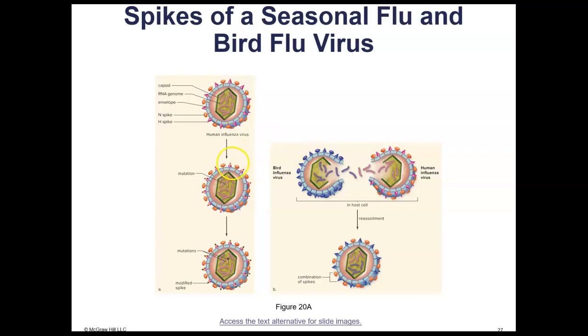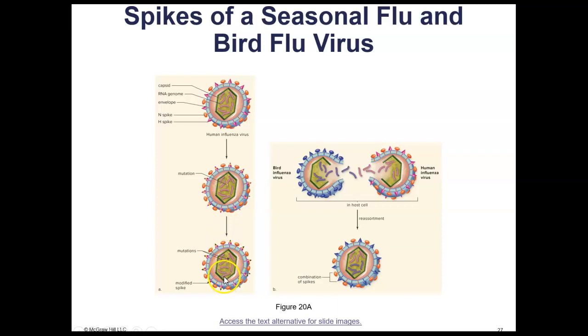So they're actually a new form of influenza virus. So we have a human influenza virus, which is an envelope virus. You can see the green capsid. You can see that the genome is RNA, but it is an envelope virus, and it is composed of N spikes, which are orange, and H spikes, which are pink. And just like any DNA or RNA, it can mutate when it replicates, and there's a mutation here.